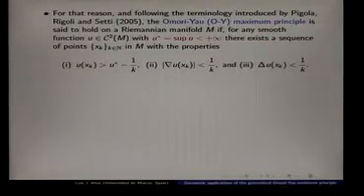For that reason, and following the terminology introduced by Pigola, Rigoli, and Setti, we say that the Omori-Yau maximum principle holds on a Riemannian manifold if for any smooth function which is bounded from above, we may find a sequence of points satisfying the three conditions. That one on the gradient, and that one on the Laplacian.